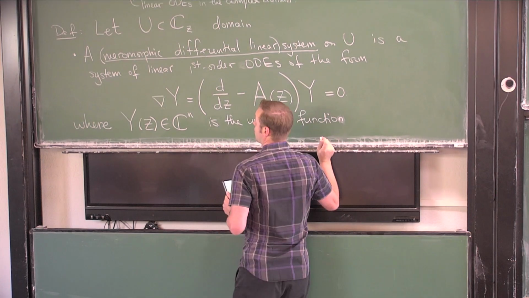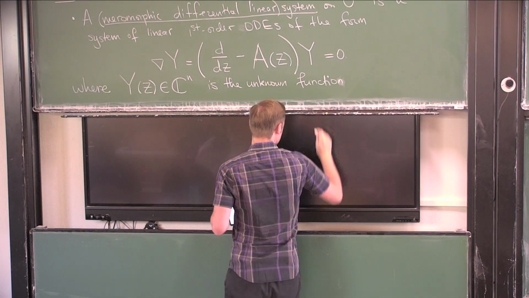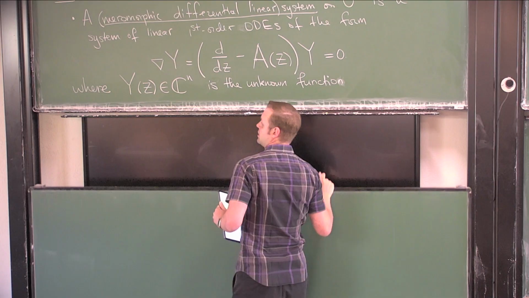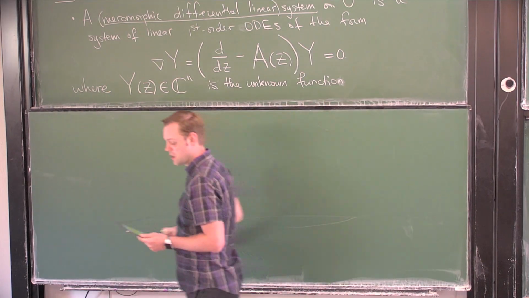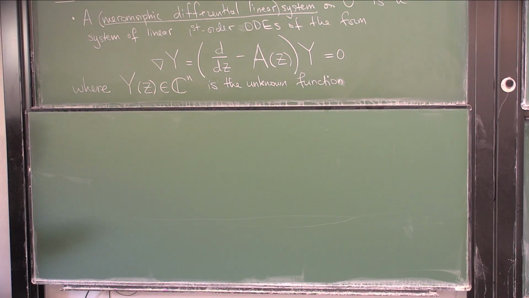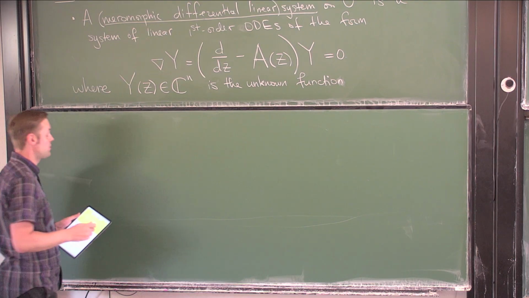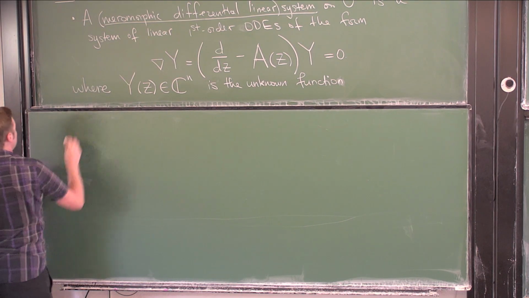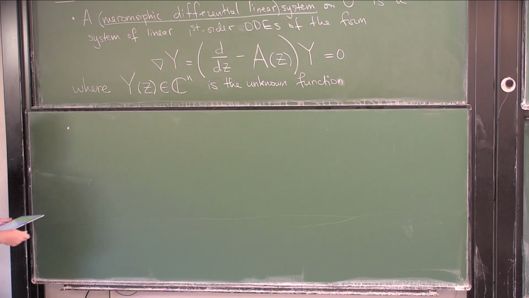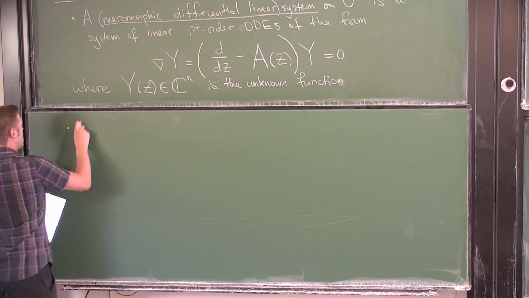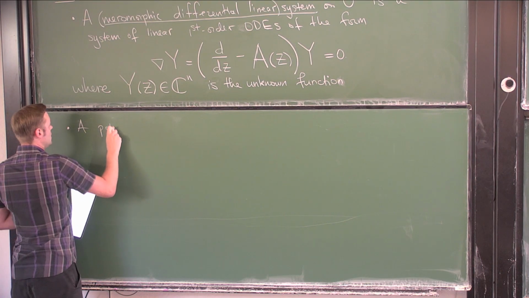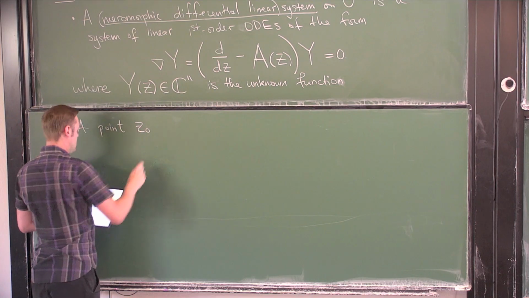And usually when I'm searching for such a function, I will want it to be holomorphic, or holomorphic at least away from certain points. These points will be called singularities.